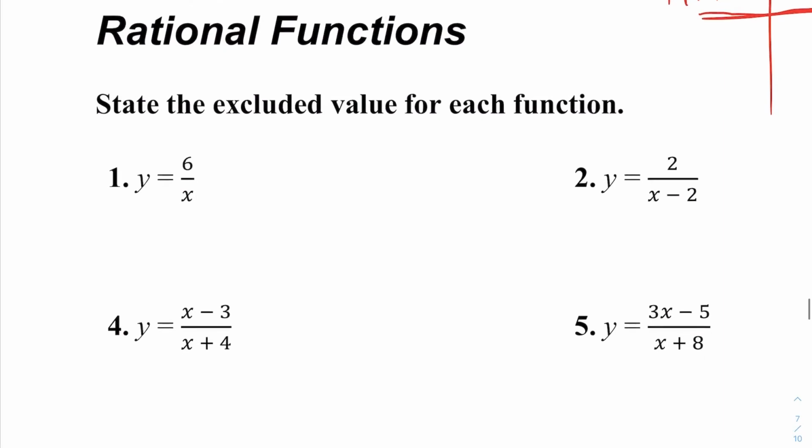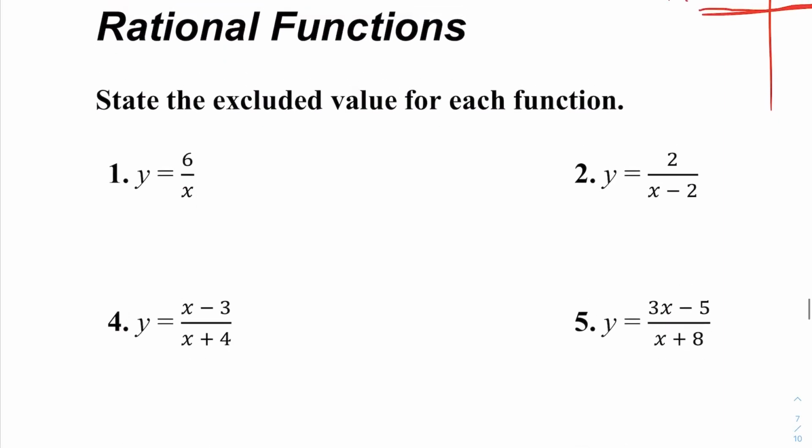So in these questions, we just need to find out, when is the denominator equal to 0? When is this equal to 0? So you take the denominator and set it equal to 0. And in this first question, there's nothing to solve for because it's just the plain x. So x equals 0 cannot be used.